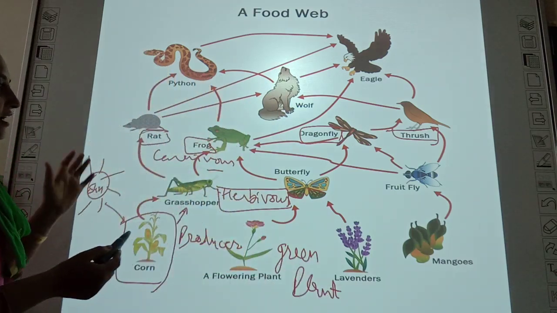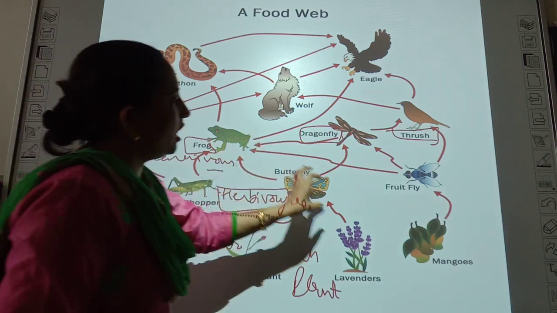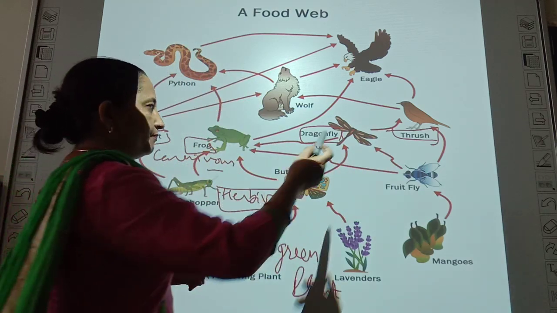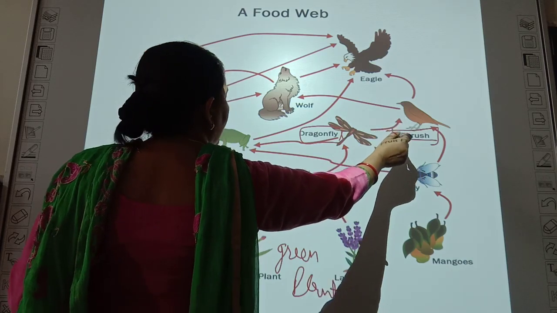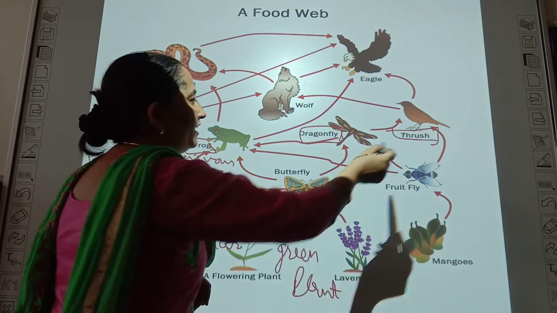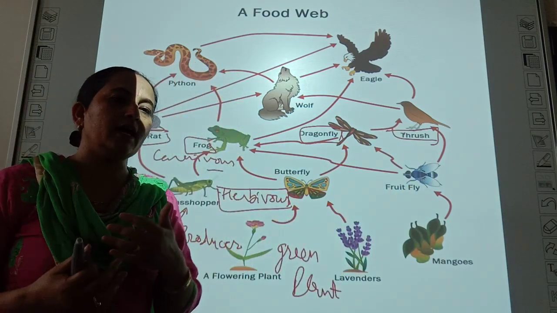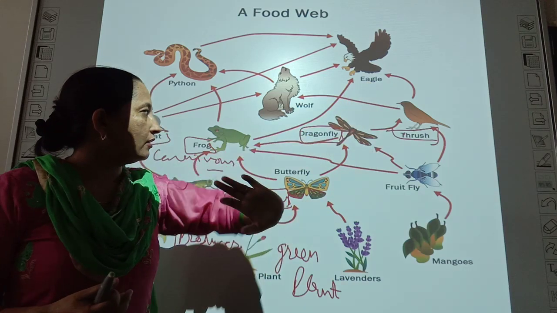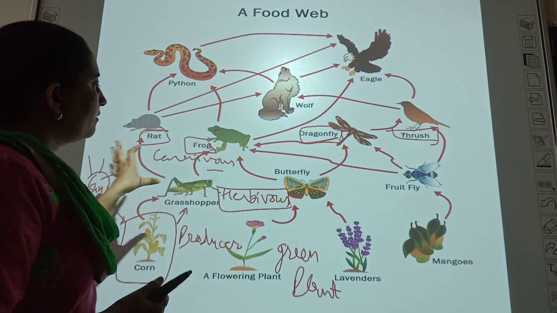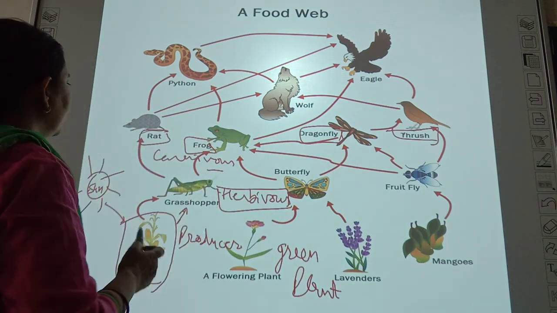Many types of carnivores can eat these small herbivores, insects or these type of organisms. This bird can eat grasshopper, this bird can eat butterfly, this bird can eat fruit fly, depending on the taste of the bird. Even this frog can eat many of these insects. So interlinking is there.